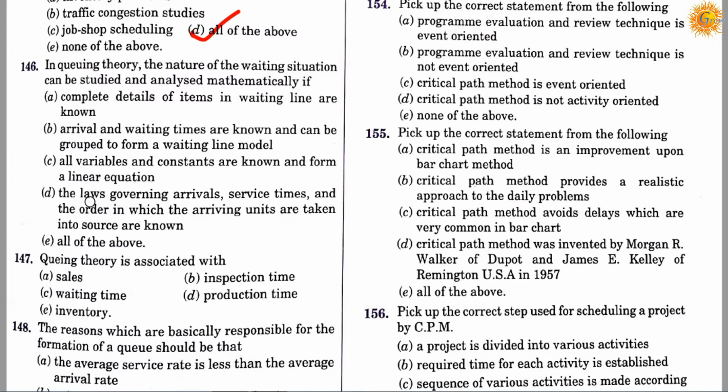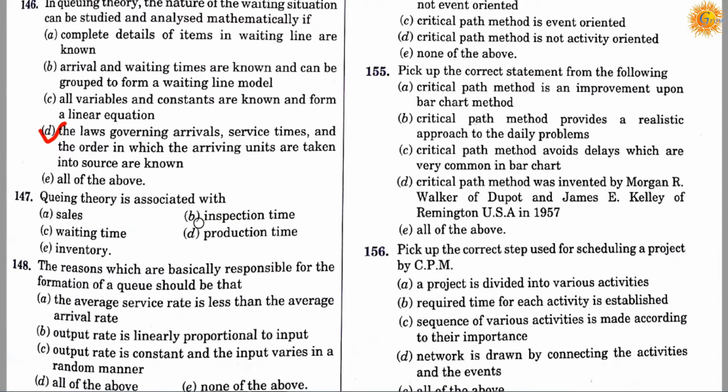Option D, the laws governing arrivals, service times, and the order in which the arriving units are taken into service are known. And option E, all of the above. So the correct answer is D. It means in queuing theory, the nature of the waiting situation can be studied and analyzed mathematically if the laws governing arrivals, service times, and the order in which the arriving units are taken into service are known.